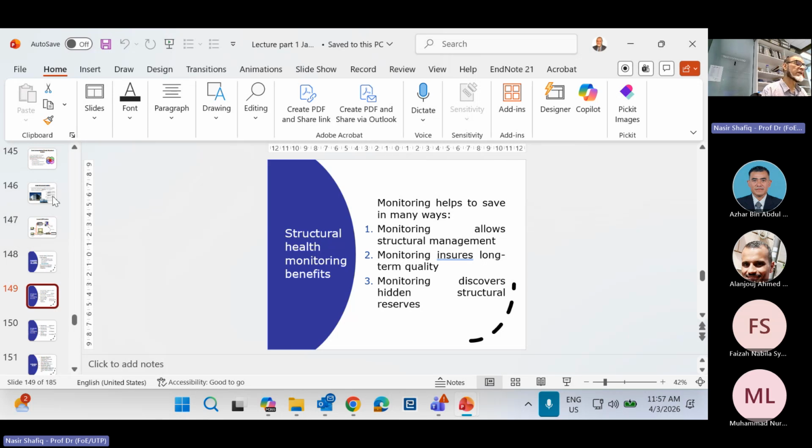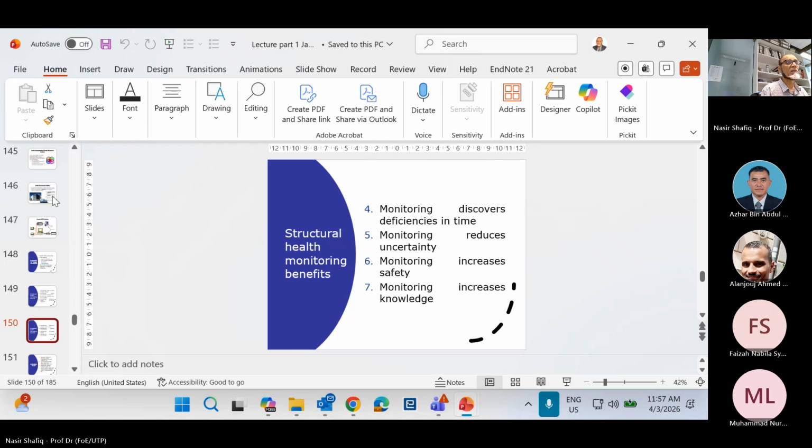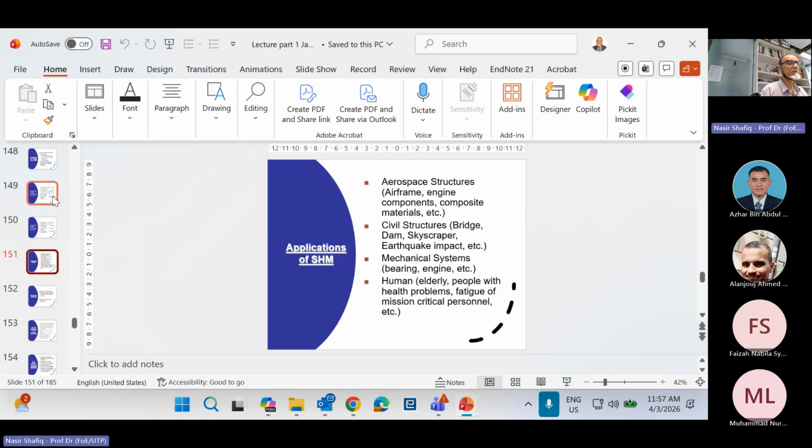Monitoring discovers deficiencies in time, reduces uncertainties because it is continuous, and increases safety. Monitoring increases knowledge because new anomalies come, to which we can apply fundamental theory and come to a conclusion.